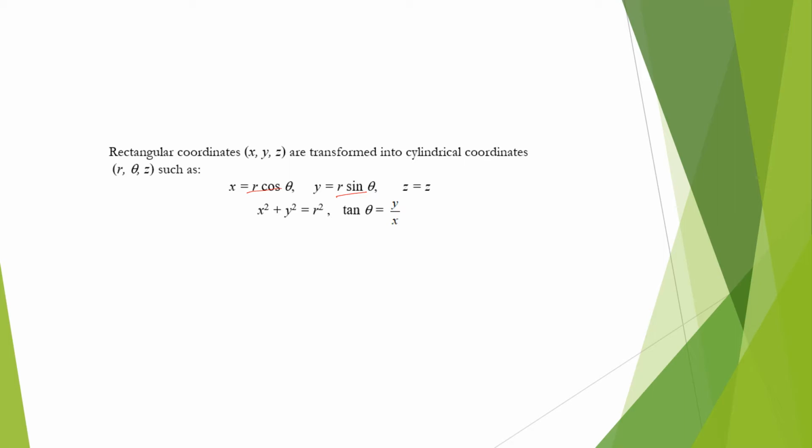If you see y, just replace it with r sin theta. Z, just maintain it to be z. If you see x squared plus y squared, just replace it with r squared. If you see tangent theta, just replace it with y over x.